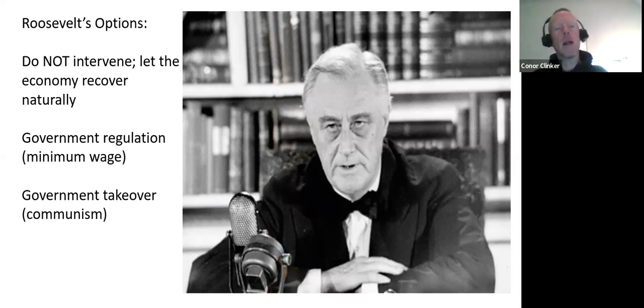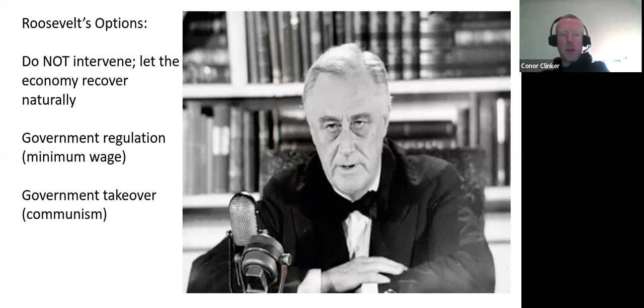Kind of the middle path from his perspective would have been, well, I'm not going to do nothing. Regulation. Let me go to the other extreme first. The conservative extreme is don't intervene in the economy. Let it correct itself.